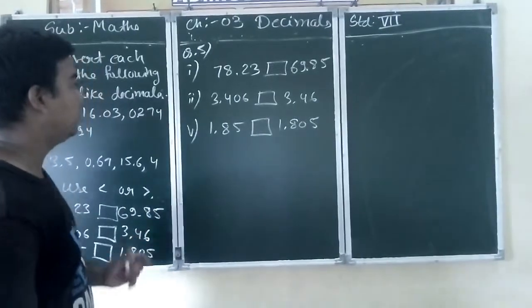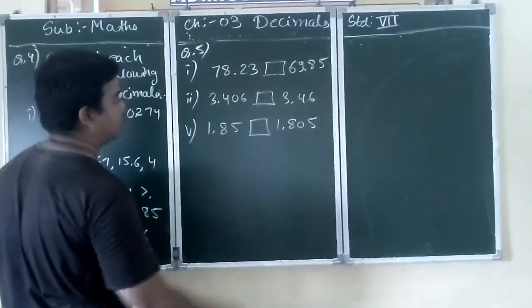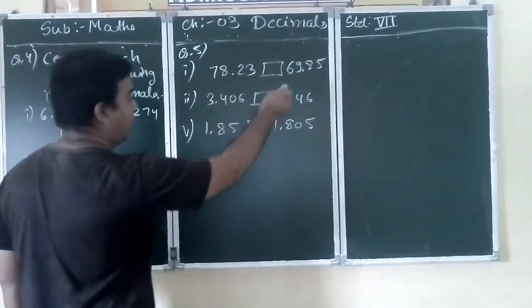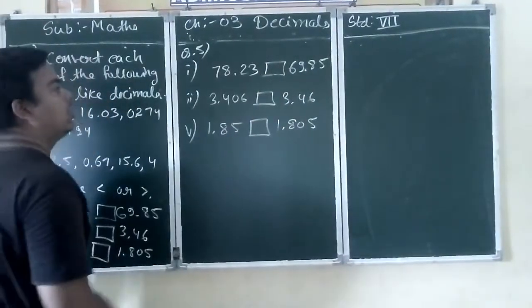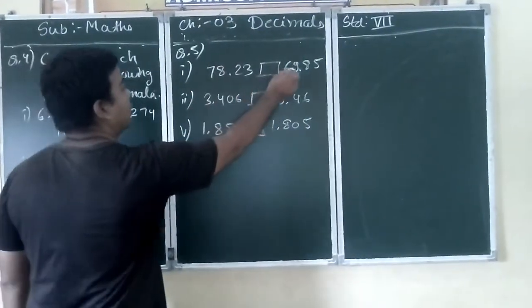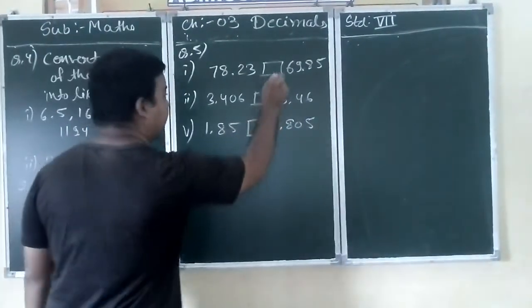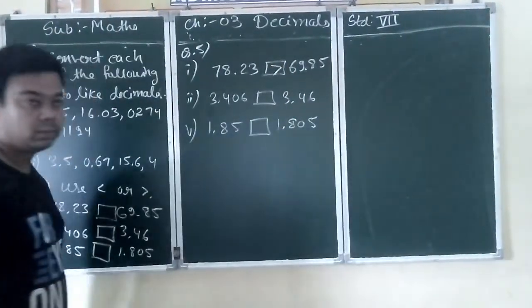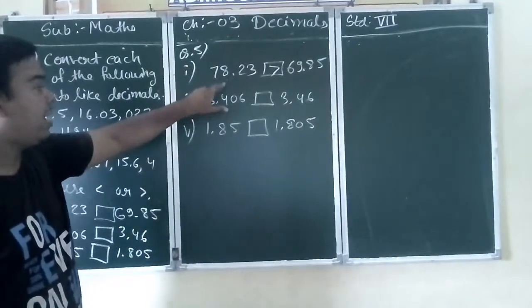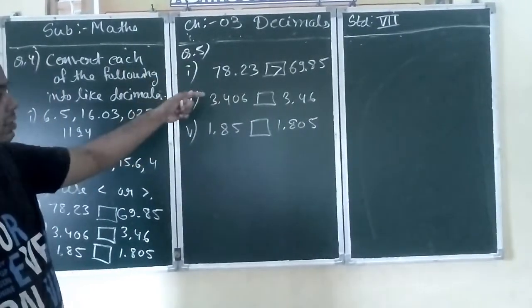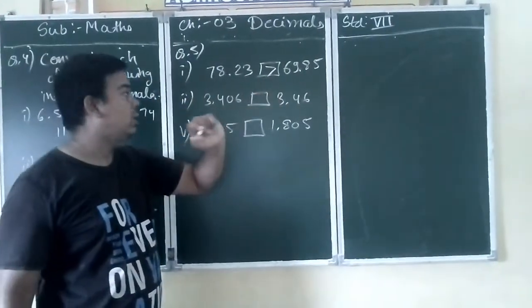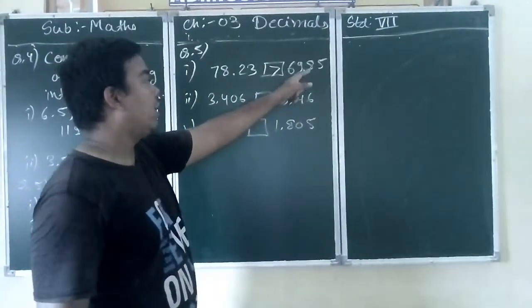Now we check which is greater and which is smaller. 78 is the whole number part, 69 is the whole part. So 78 is greater than 69. So we say 78.23 is greater than 69.85.